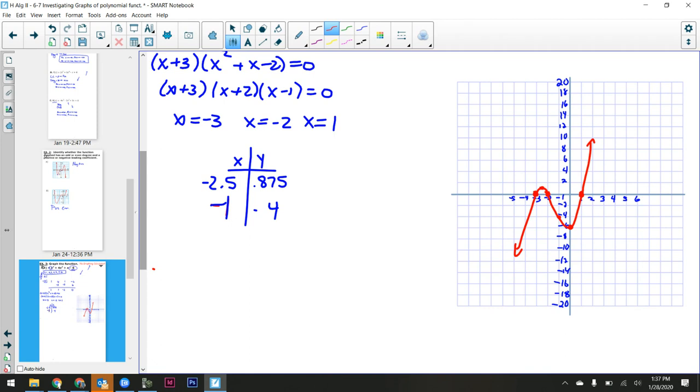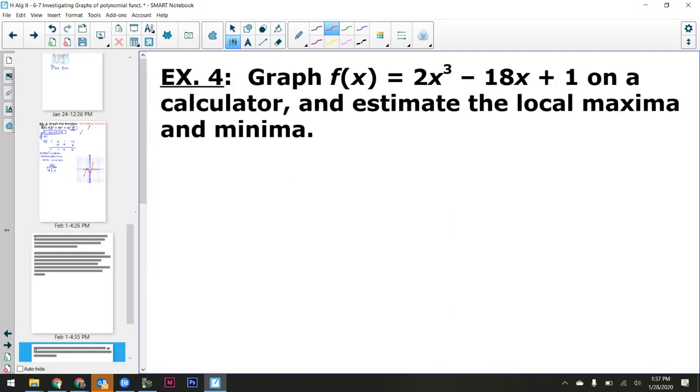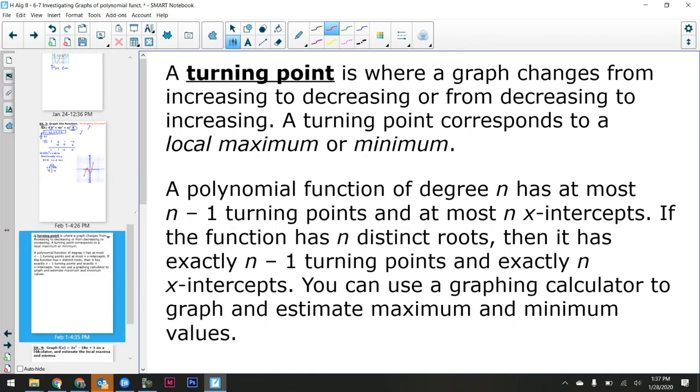All right, last thing that we're going to do is kind of a sidestep here. We talked about that idea of turning points, right? The reason why we're sidestepping a little bit right now is because for this, you must have your graphing calculator. What we're going to do right now is figure out what the peaks and valleys actually are.